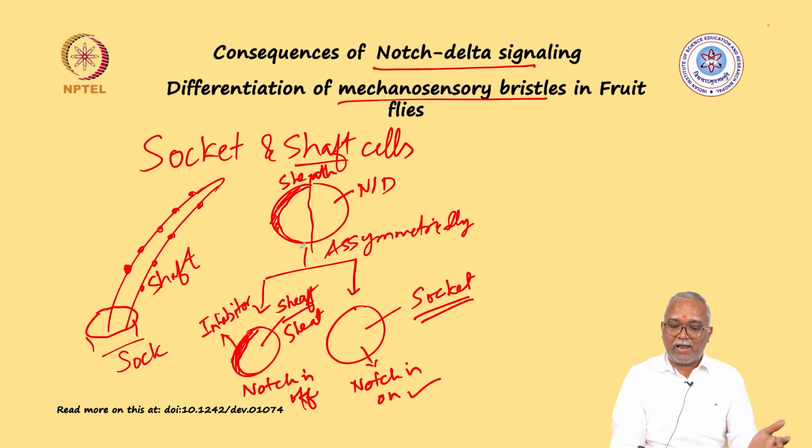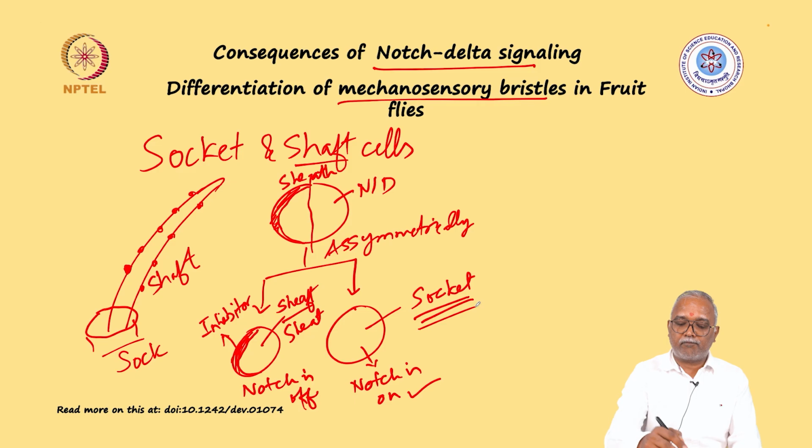So what will happen if for any reason the inhibitor is absent or has been negated? Both cells coming out of this division will become socket cells because the inhibitor is absent.